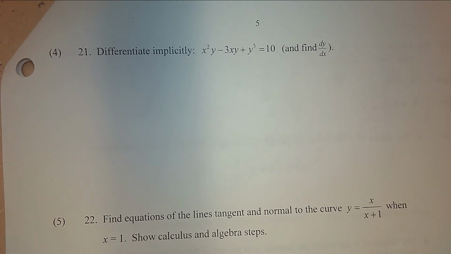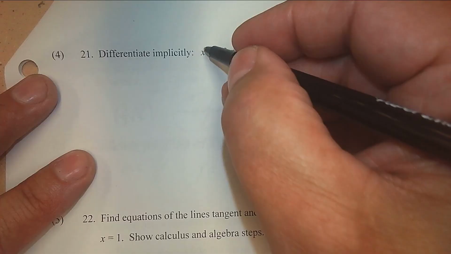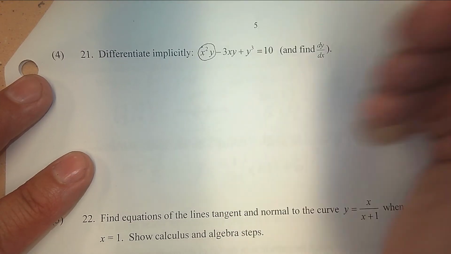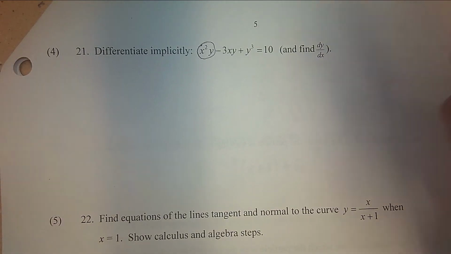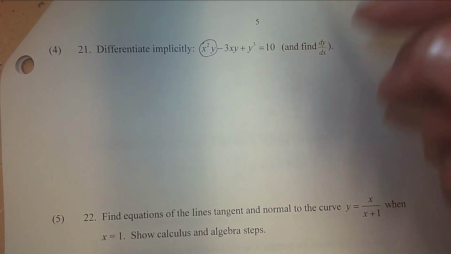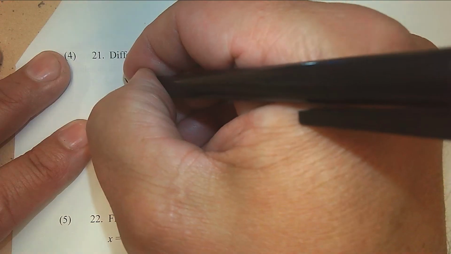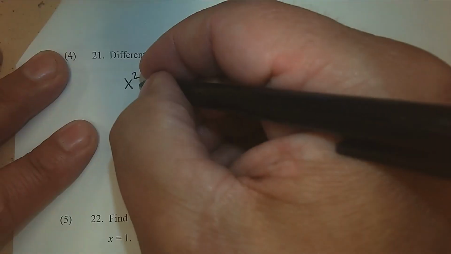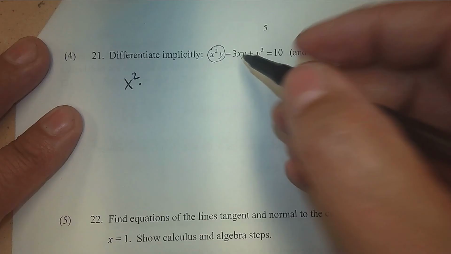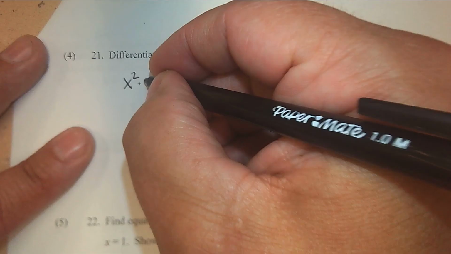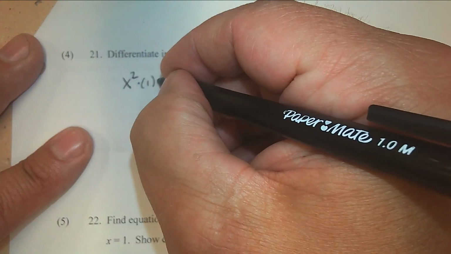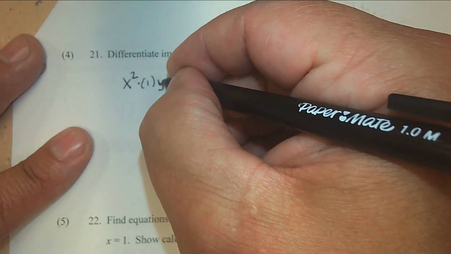So I want to take the derivative. To begin with, I start with x squared and y. Those are two different things multiplying. I need the product rule. It's x squared times y. The product rule is the first times the derivative of the second. Now, the derivative of y is 1, but it needs a hook, and the hook for that is y prime.